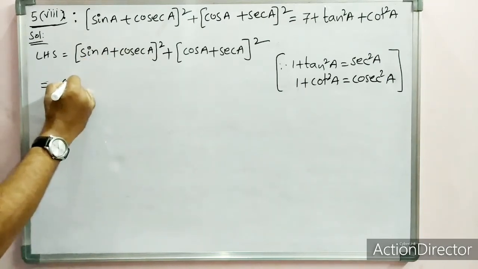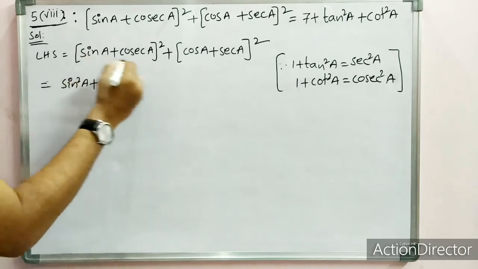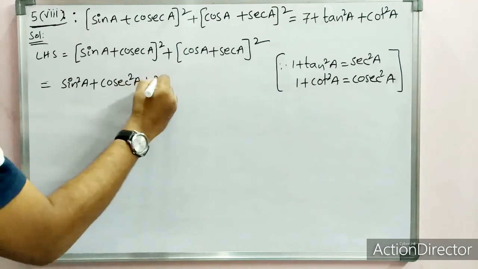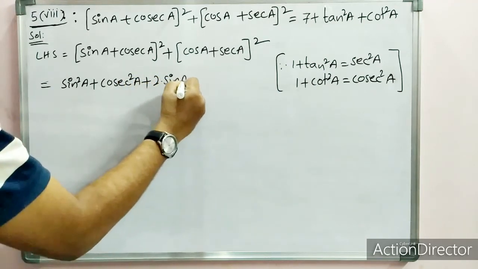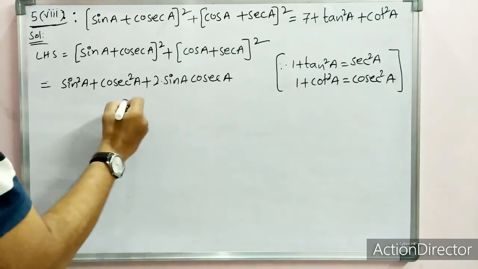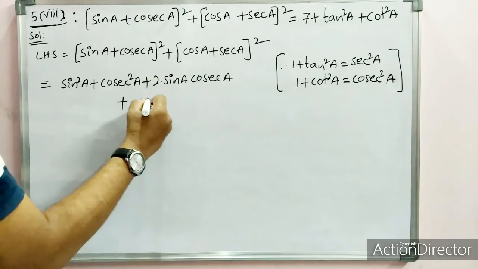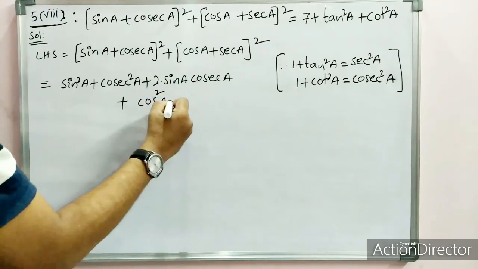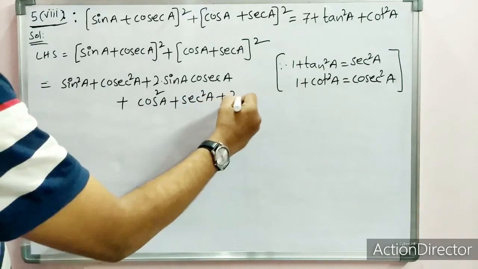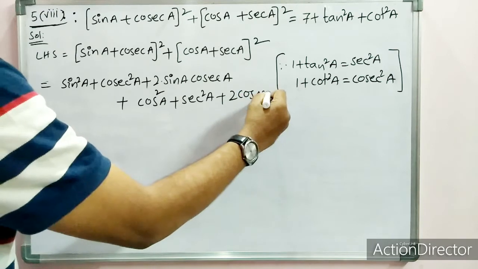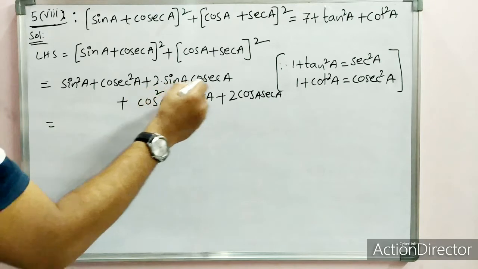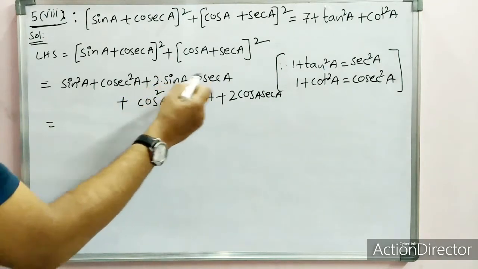This is sin square A plus cosecant square A plus 2 sin A cosecant A. Next, plus this value, cos square A plus secant square A plus 2 cos A secant A. Now you see sine and cosec are reciprocals.